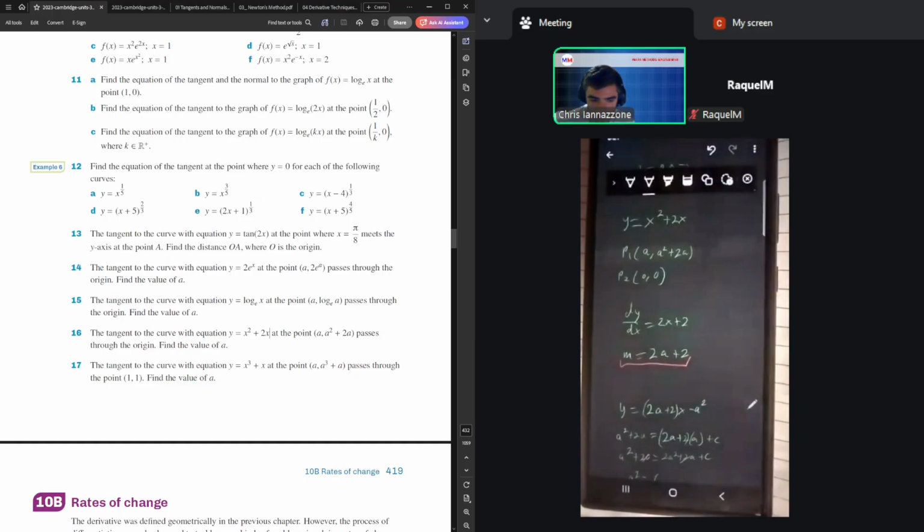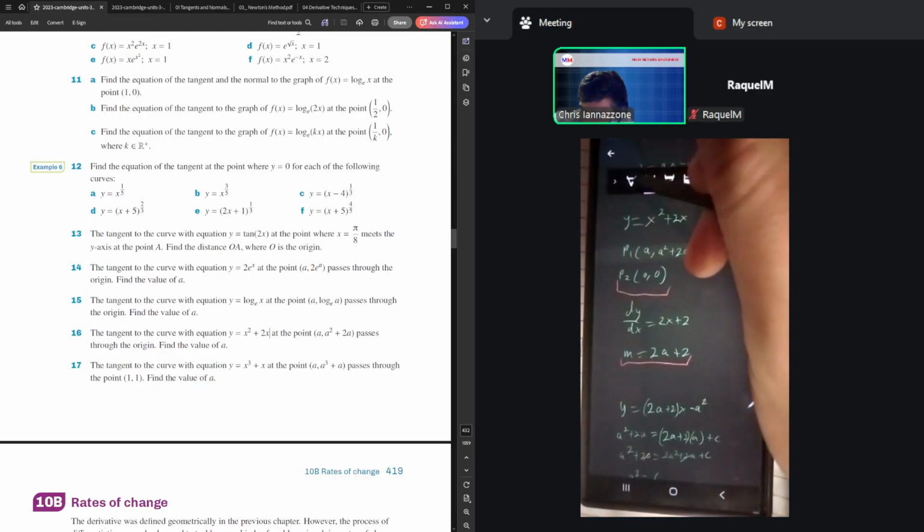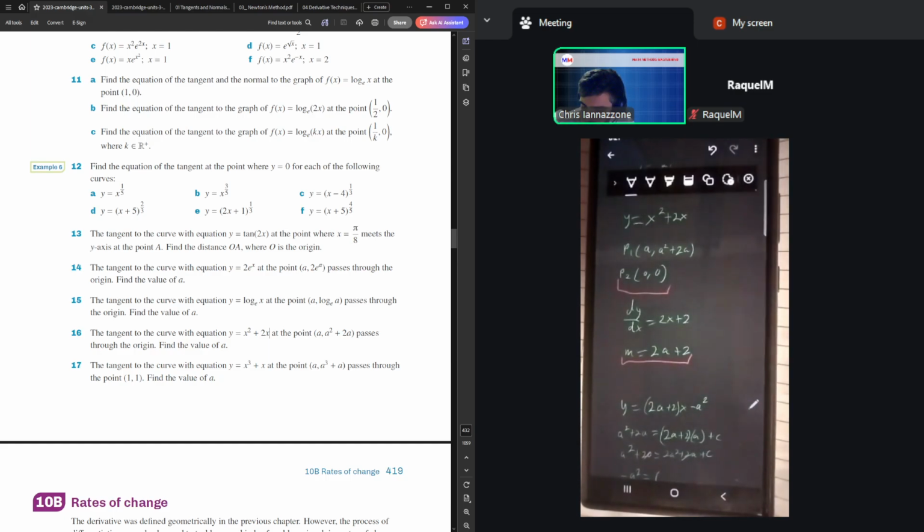Our goal is still to find the value of a. There's some more information that we had in the question that can help us get there. Namely, we had the origin as well. We know that our tangent line has to pass through the origin. With that in mind, how can we start working towards solving for a?